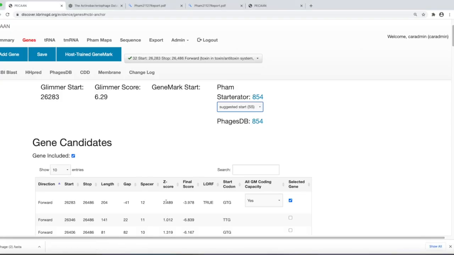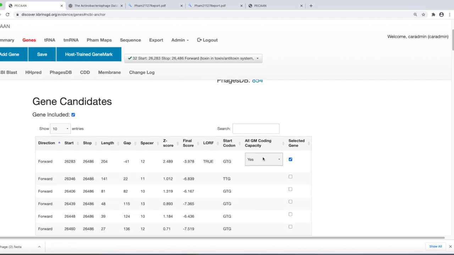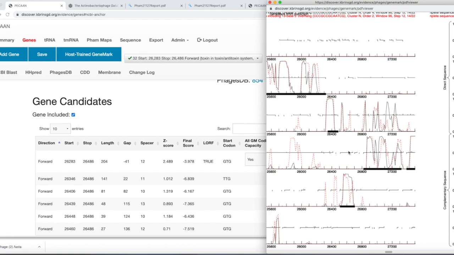So what we're looking at here is the GeneMark Coding Capacity, and that is determined by the GeneMark plots. Let's say we were considering this one right here.